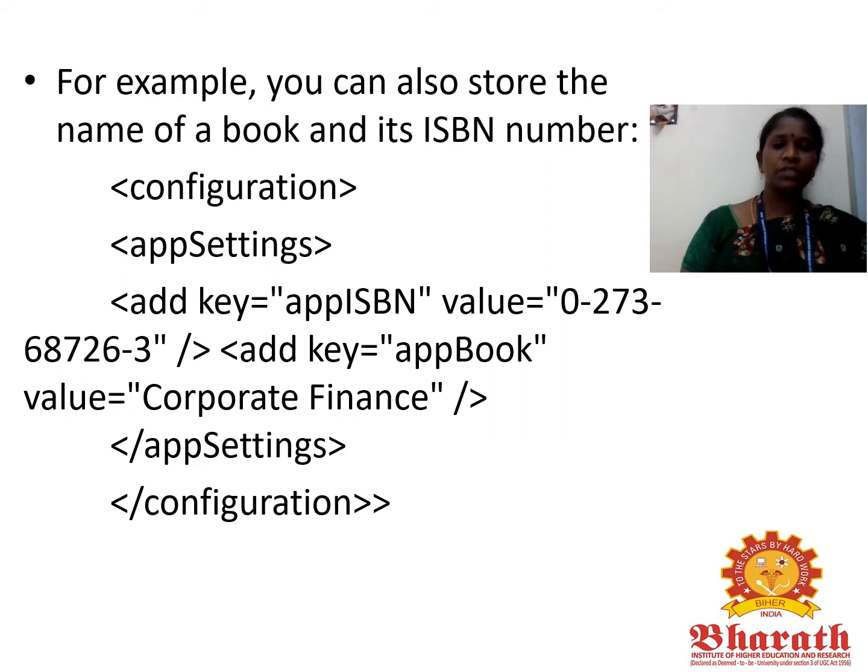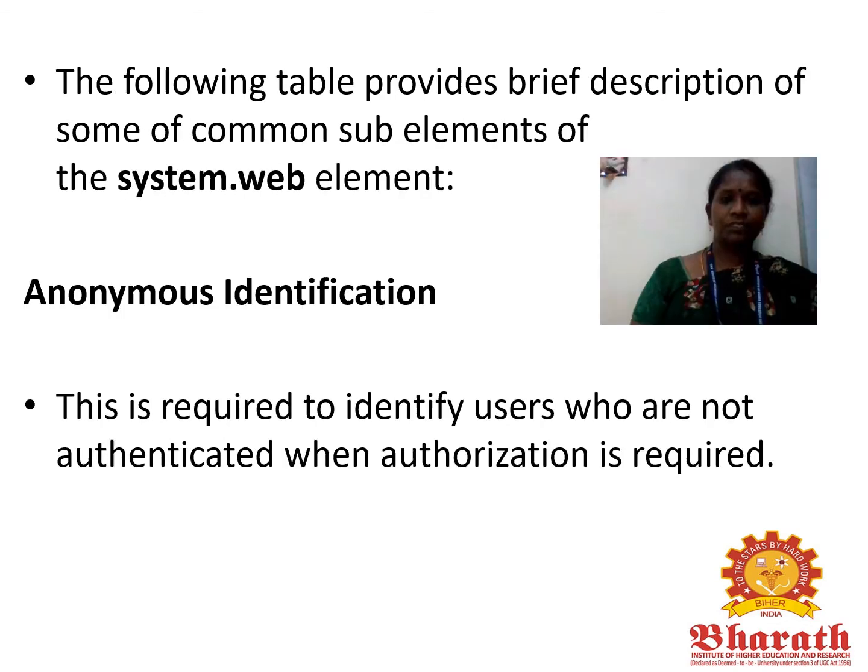So first you apply that key, and then the values of that book. After that, close the tag of values. For example, Balaguru Sami C. You can set those values. After that, close the application settings and configuration.